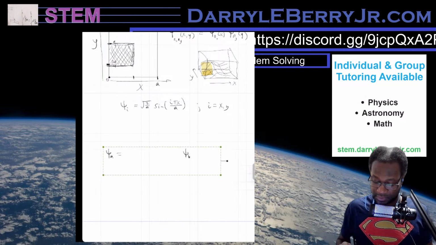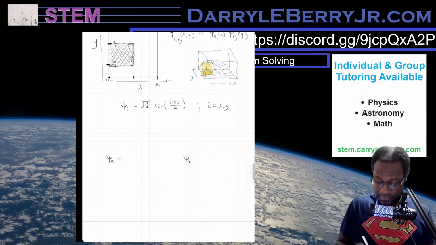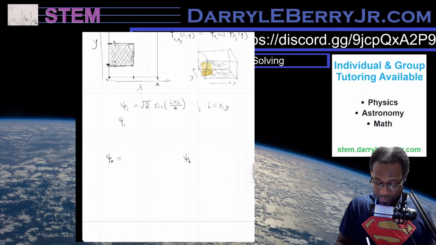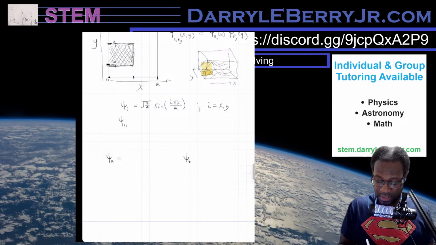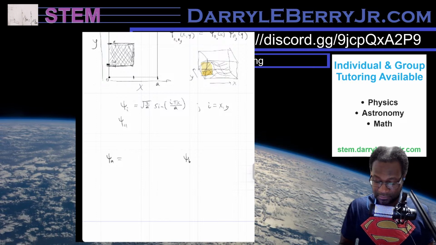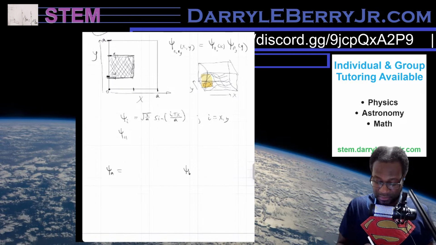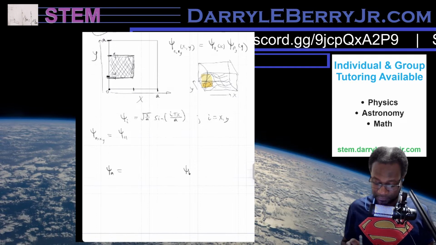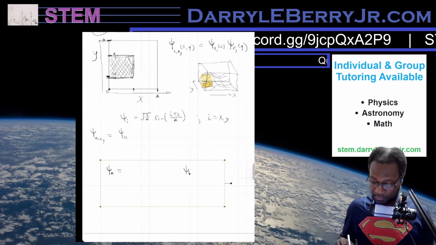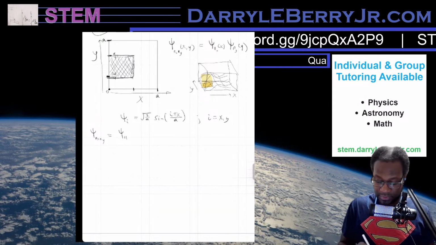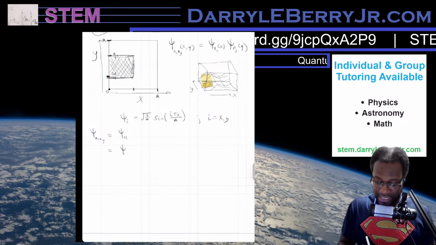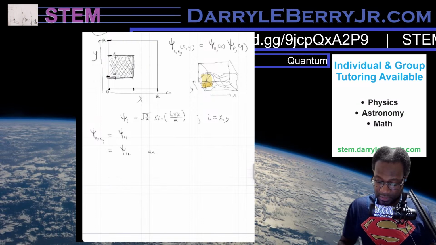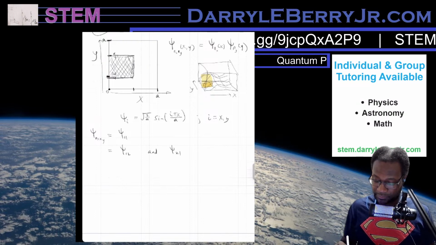So we can have psi 1,1, in which both x and y have 1. So remember, we're going to have psi in x and y. We can have psi 1,2 and psi 2,1.